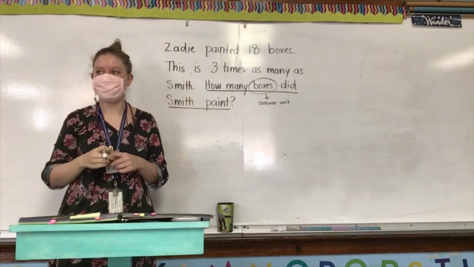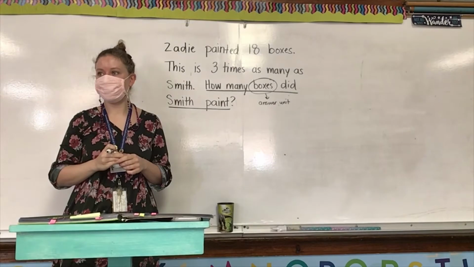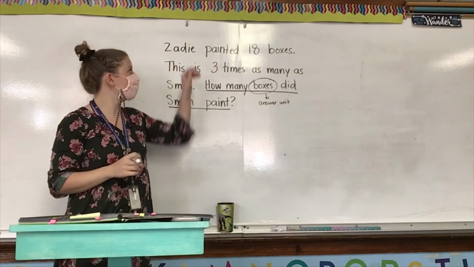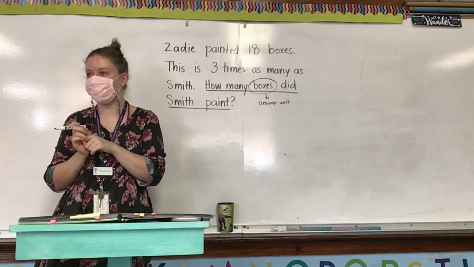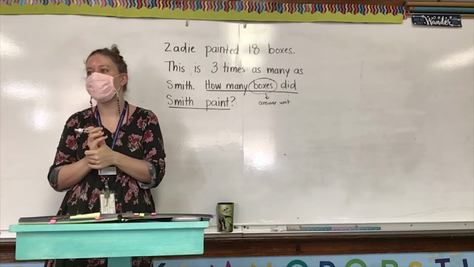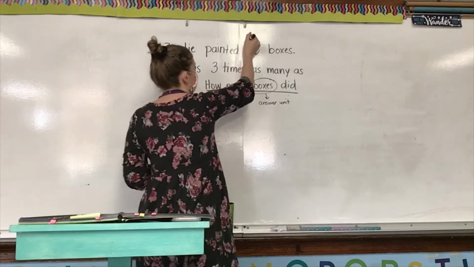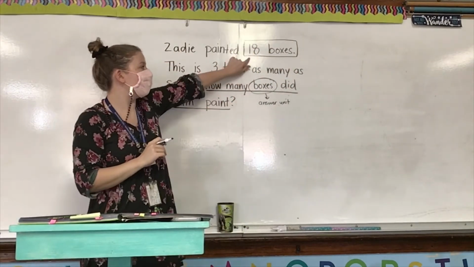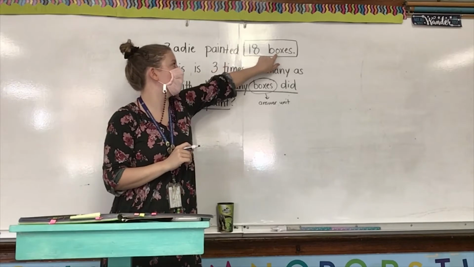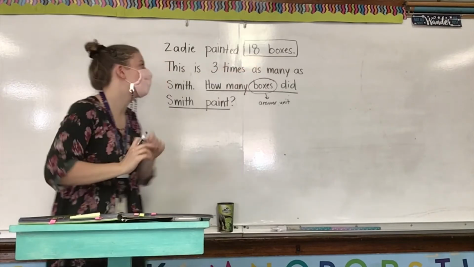Victoria? 18 boxes. Do I need to know who it was and what she did with them to solve the problem? No, I just need to know 18 boxes, because there's the unit I'm looking for, and there's a number. I've got 18, which represents the number of boxes.